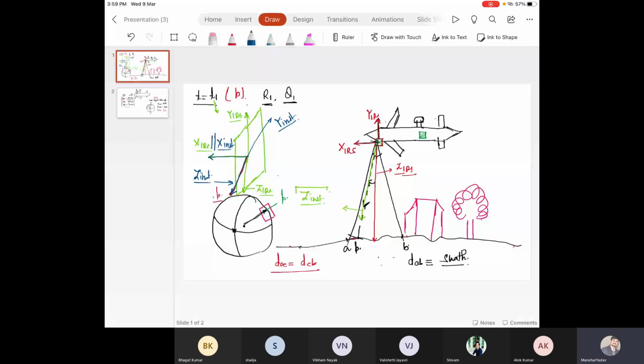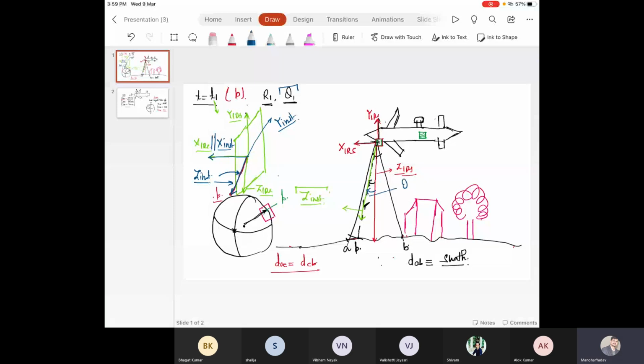For a particular laser, this laser footprint corresponding to point P, we are defining an instantaneous coordinate system where the z instantaneous is considered towards the laser vector. So similarly, if it is rotated, this axis is rotated by angle θ1, that is given by the scan angle. Just see, I'm talking about this angle. So this angle is calculated θ1.